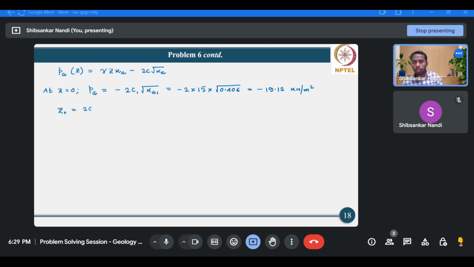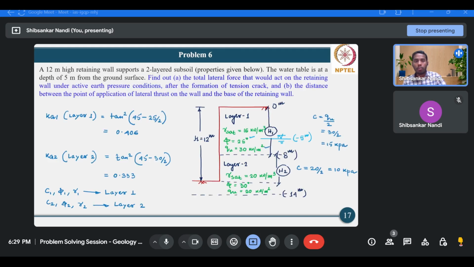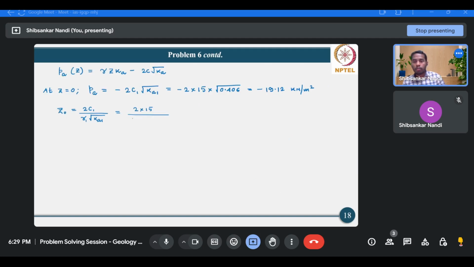So it will be 2c1 by gamma 1 multiplied by root under Ka1. 2 multiplied by 15 divided by gamma 1, which is 16, multiplied by root of 0.406. So it's 2.94 meter.